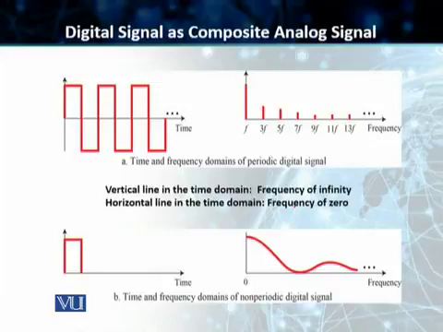Students, in this case, what you have on the left-hand side is a time domain plot of this periodic digital signal. What we have done is we have converted this into its equivalent frequency domain plot in here. It's very clear that if the digital signal that we are looking at is periodic, the decomposed signal has a frequency domain representation given by the right hand side with an infinite bandwidth.